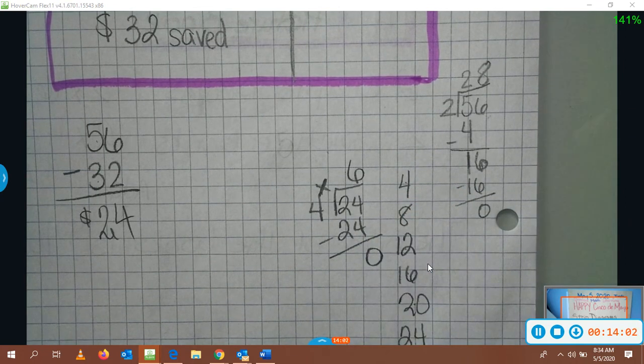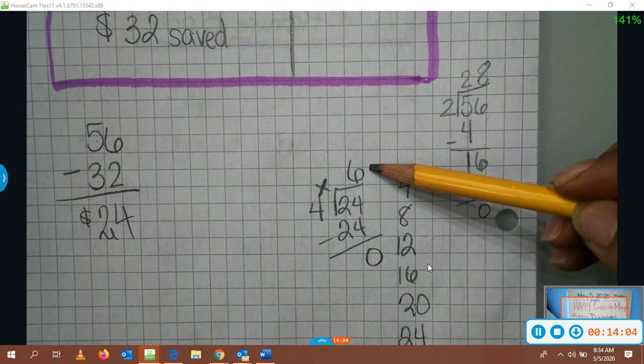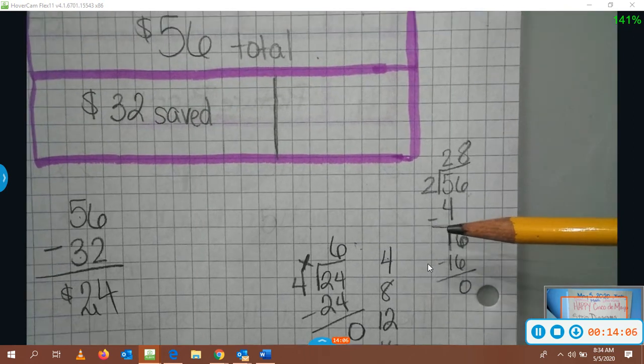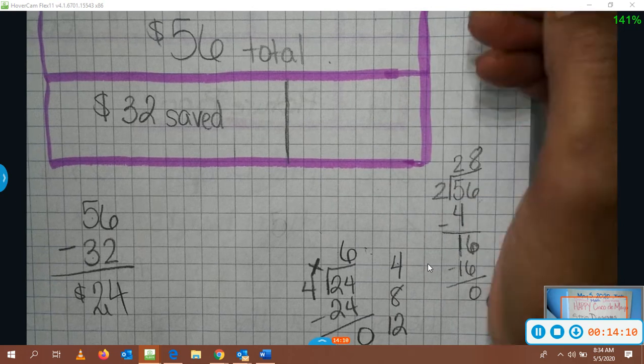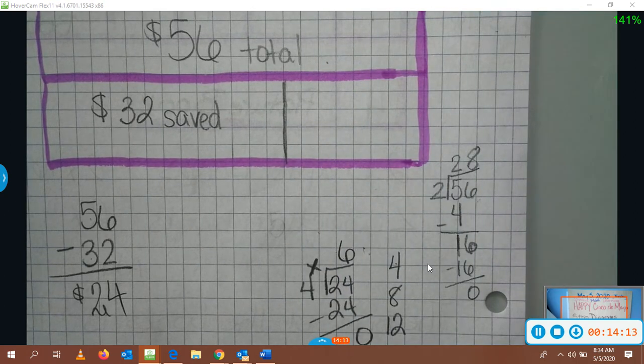So she needs 6 more weeks to save $4 each to get the $24. So this is how you would do it in your strip diagram.